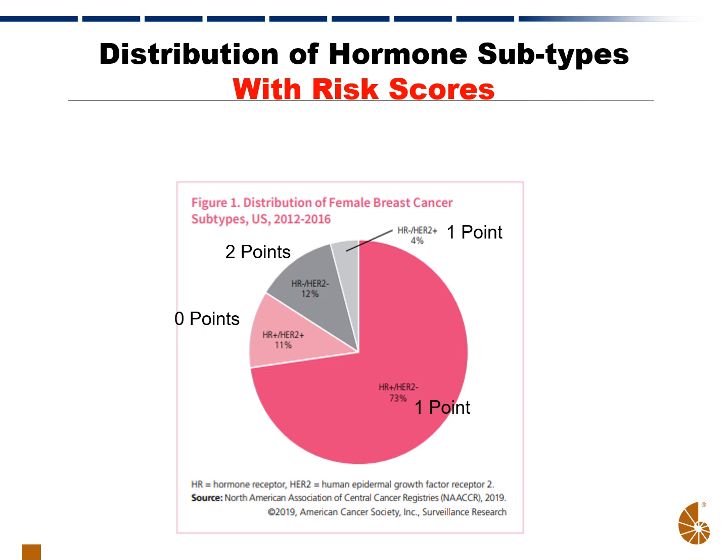So that's the big pink area. Because the ER is positive, estrogen receptor is positive, so HR is positive, hormone receptor positive, you get a point for that. Because it's HR, the ER is positive, you don't get a point. However, because the HER2 is negative, you get a point.